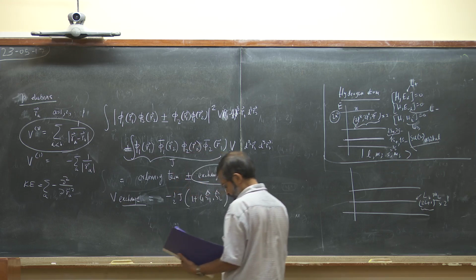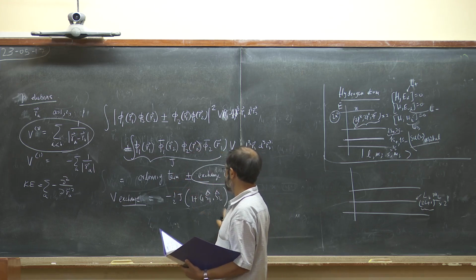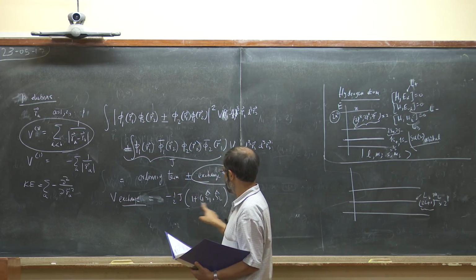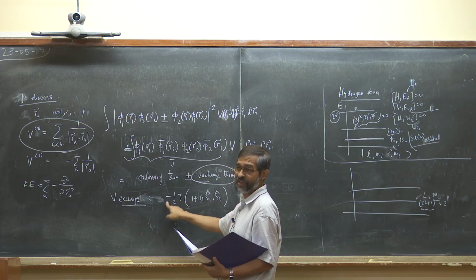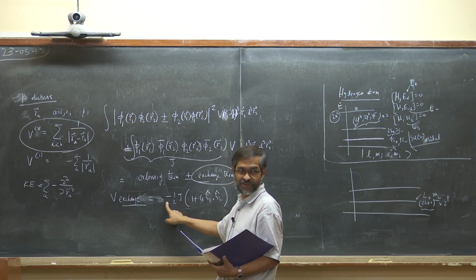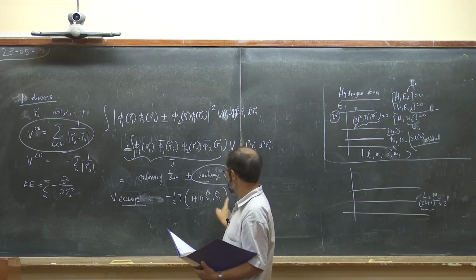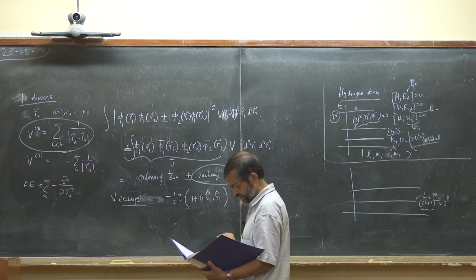This is just a clever device which says that for spin half particle it is plus sign, and for spin 0 particle it is minus sign. This entire thing here tells you that you can do this very easily.